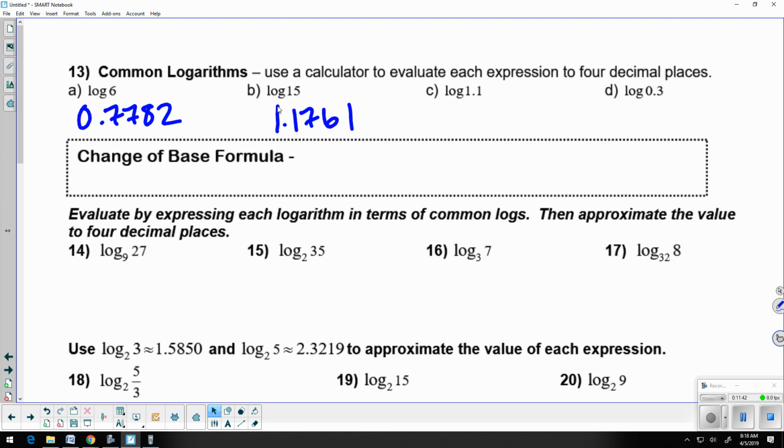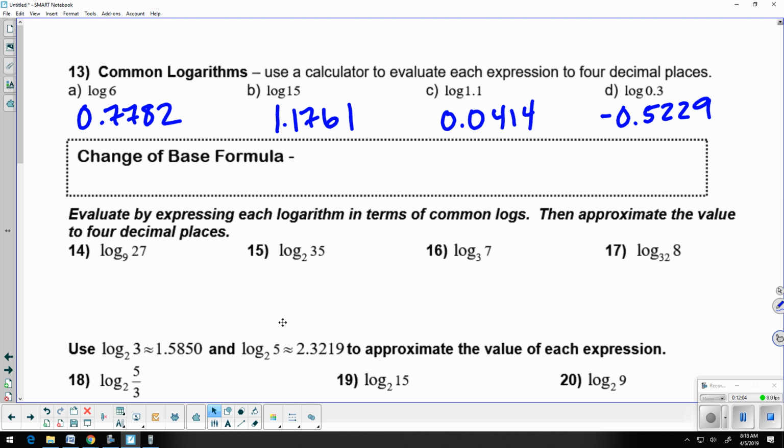And then the next one, you guys can do a little bit of practice too. Typing in log 1.1, you should get 0.0414 is what I got. And then log of 0.3 comes out to be negative 0.5229.